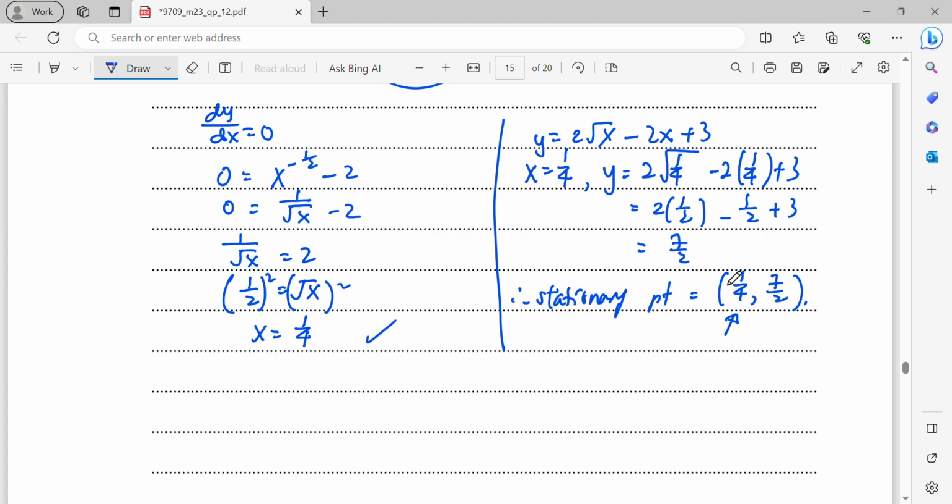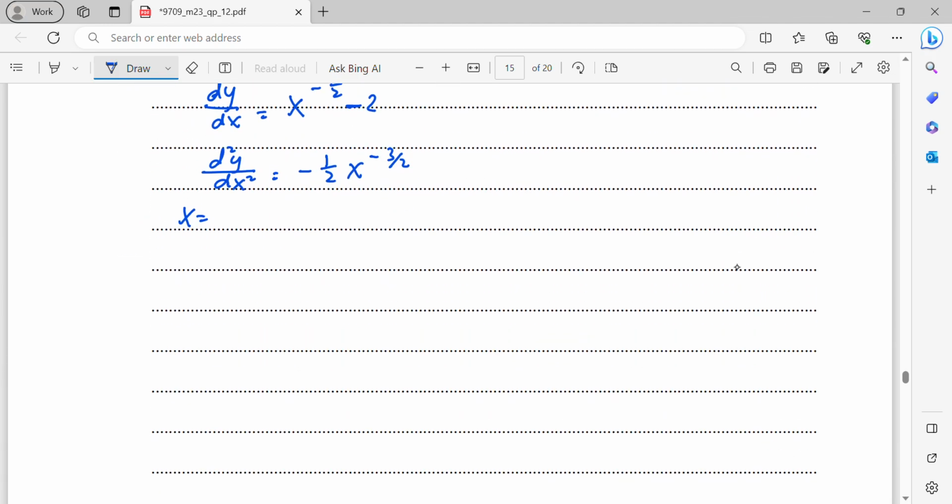So now when I replace it by positive 1 over 4, my d squared y over dx squared is basically negative half bracket 1 over x to the power of 3, then here square root, right? That is the meaning of this expression. So I will get negative half, then 1 over square root of 1 over 4 to the power of 3.